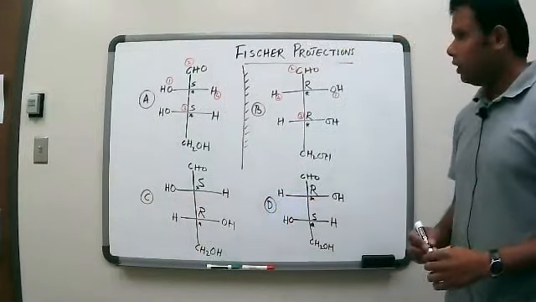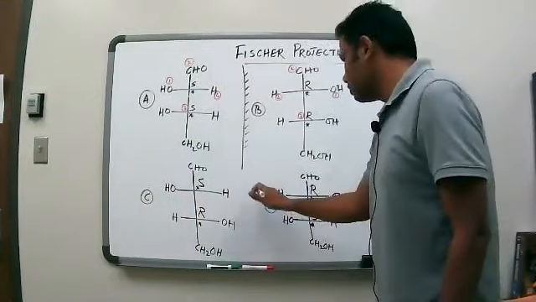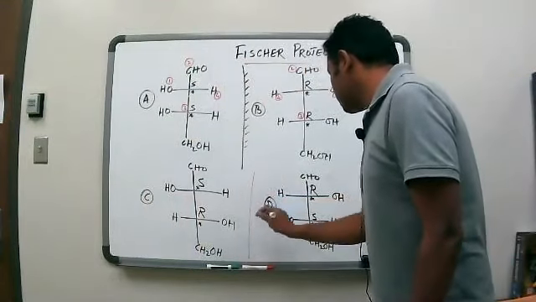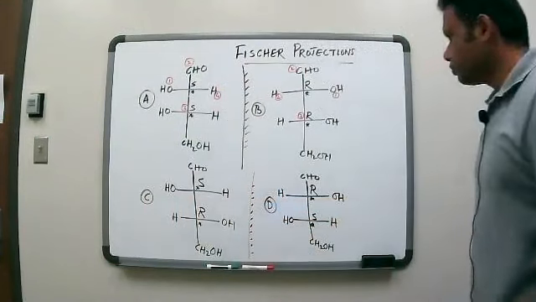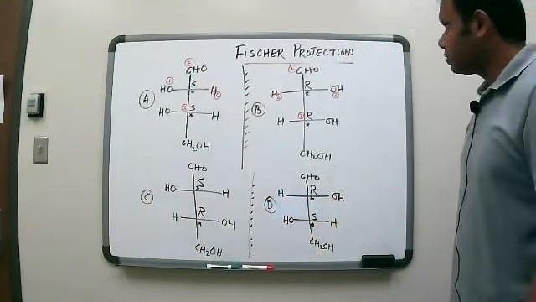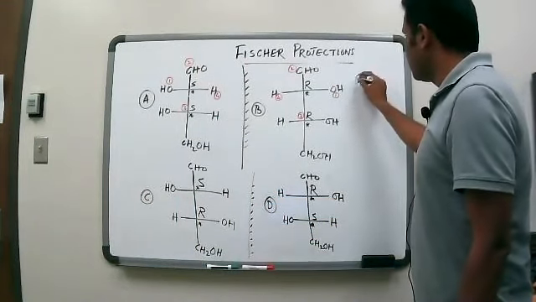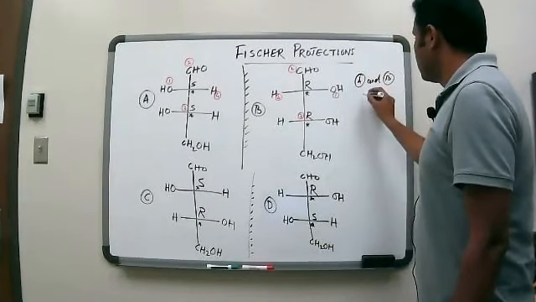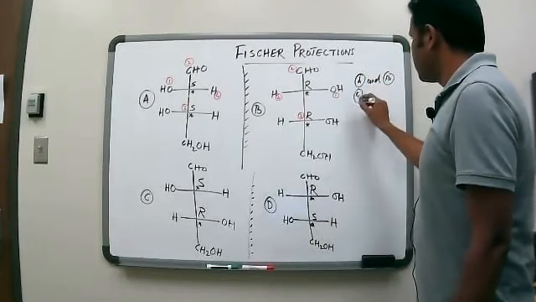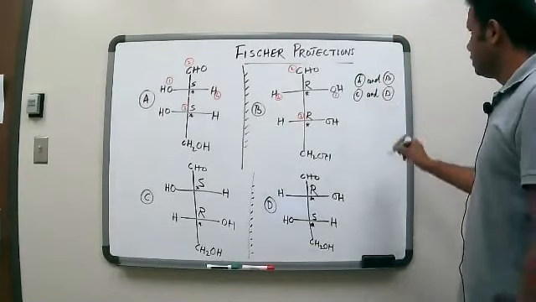And now, what is interesting is, if you look at it, what you should notice is that we can identify some relationships here. So it turns out A and B, as well as C and D, okay?